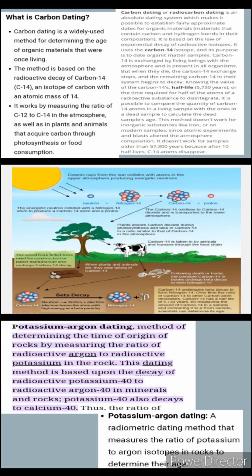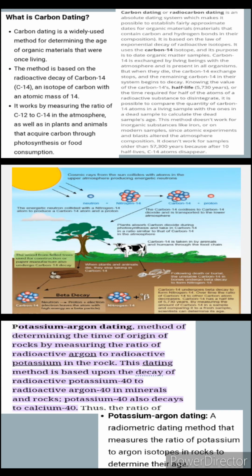It uses the carbon-14 isotope, and its purpose is to date organic matter samples. Carbon-14 is exchanged by living beings with the atmosphere and is present in all organisms, but with a half-life. Here there is a concept of half-life in carbon dating. I made a particular video about carbon dating, where we discuss what half-life is and so on.